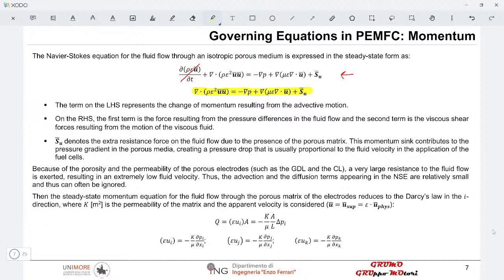Then we have the pressure gradient. Pressure gradient in nature, some consider this as part of the diffusive term of the momentum. Some other, and I prefer the second view, consider the presence of a pressure gradient, a pressure differential, as a source term for momentum, because it's the pressure gradient that generates fluid motion.